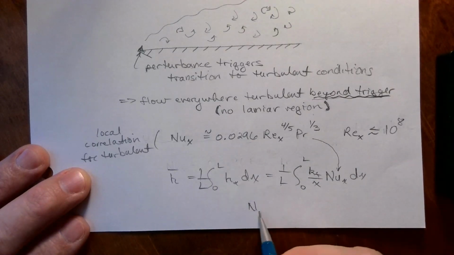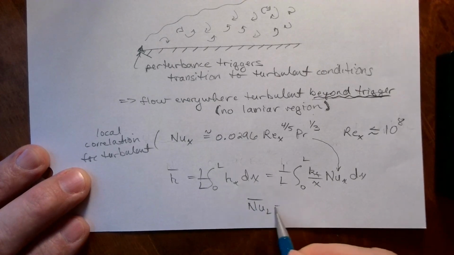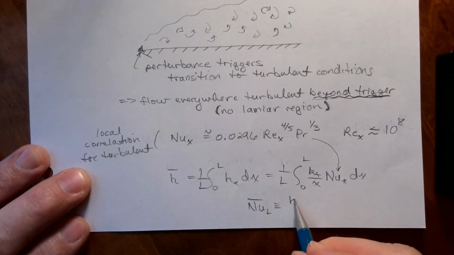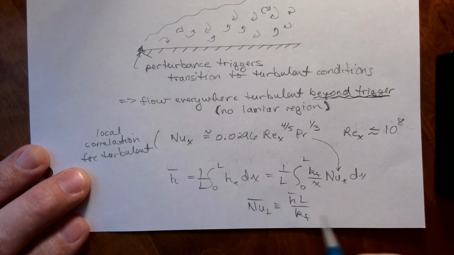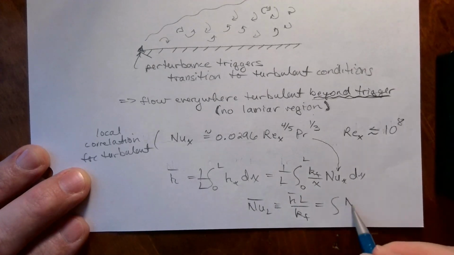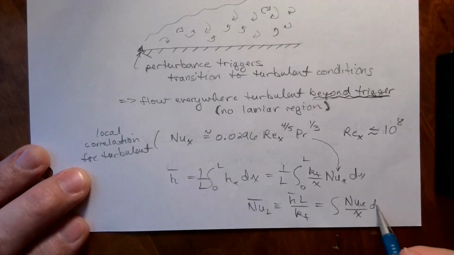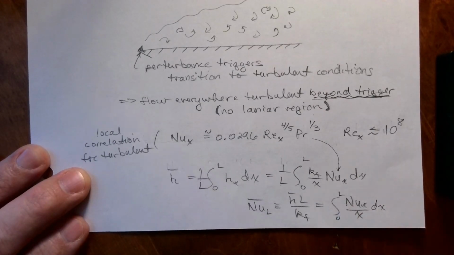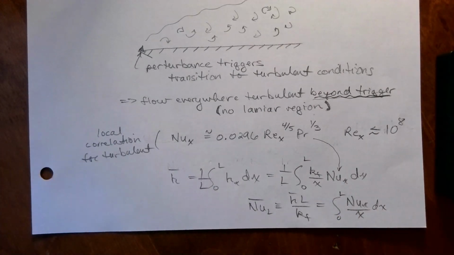So you're going to end up with a Nusselt number based on L, defined as h bar L over k of the fluid, equal to the integral of Nusselt number over x dx from 0 to L. So you can set that up and evaluate that yourself for that situation.